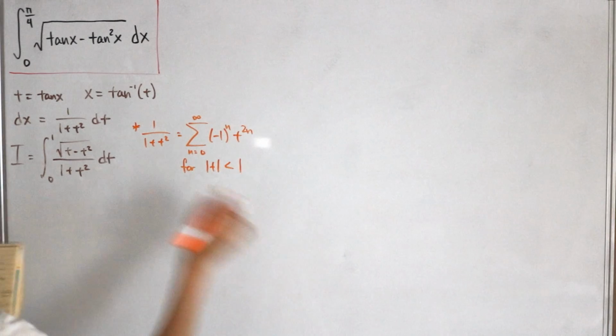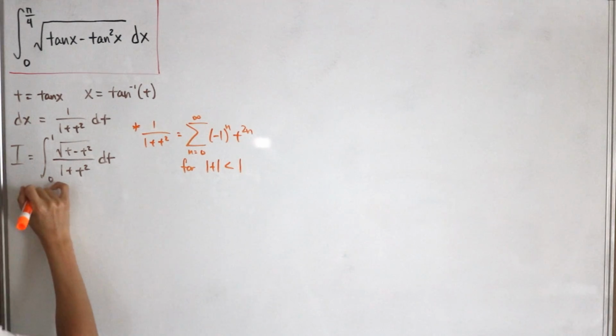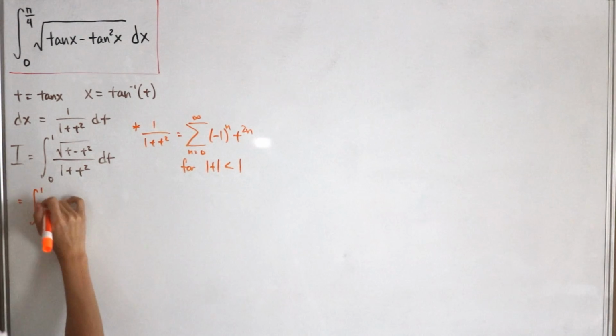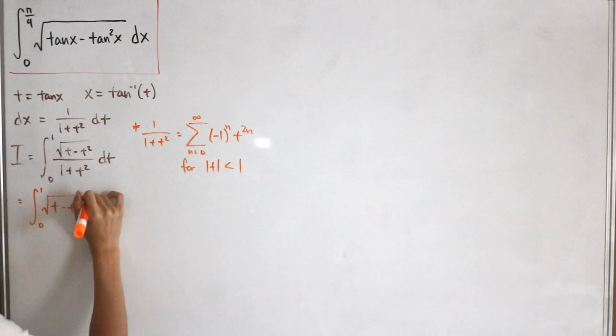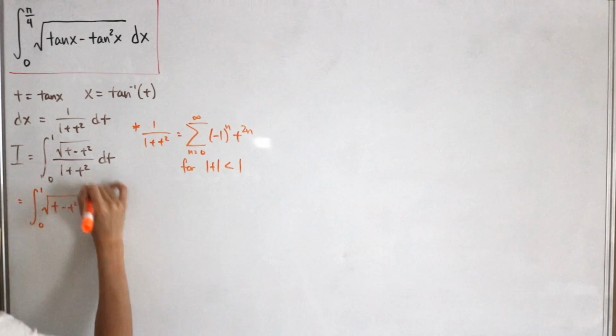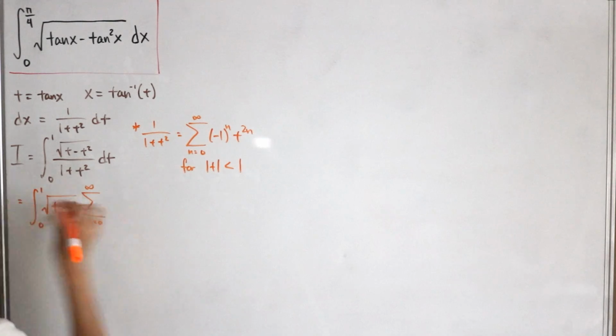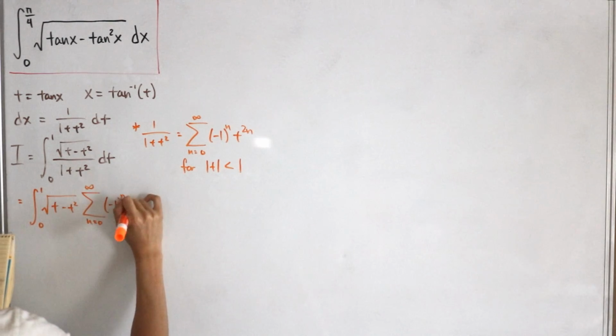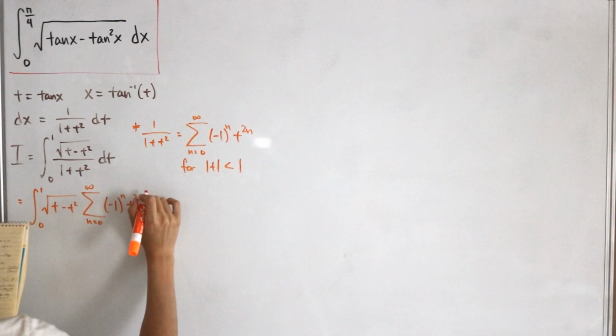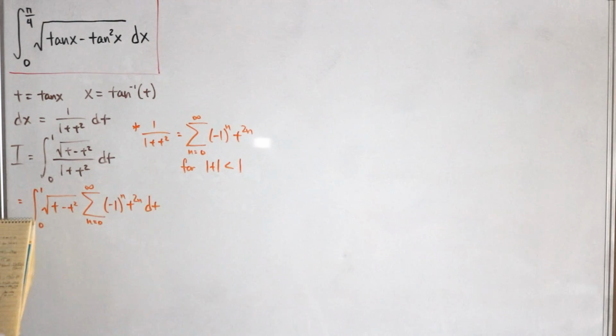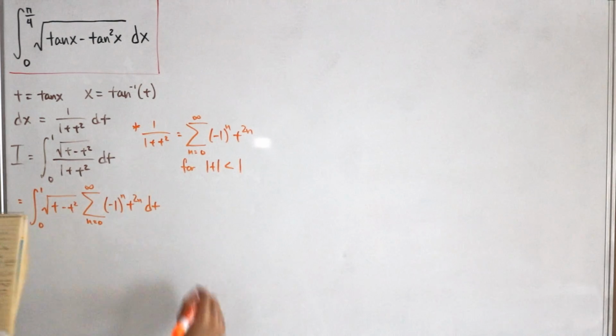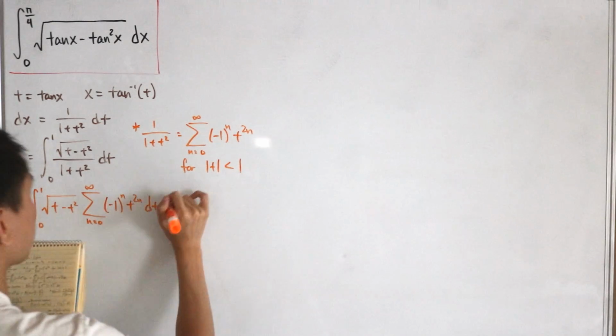With this, we can plug that substitution back, so we now have the integral from 0 to 1 of the square root of t minus t squared, multiplied by the infinite sum from n equal to 0 of negative 1 to the power n, then t to the power 2n, dt. Then I can exchange the sum and the integral and put the negative 1 to the power n outside as well.